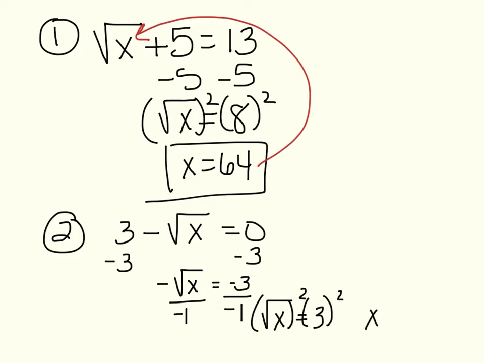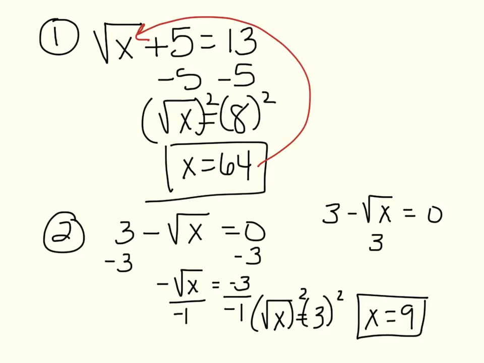Square both sides, x would equal 9. Now we could have also done this. I'm just going to move the square root of x over. And so the opposite of minus is plus. I could have gotten that, and you would have gotten the same answer of x equals 9.